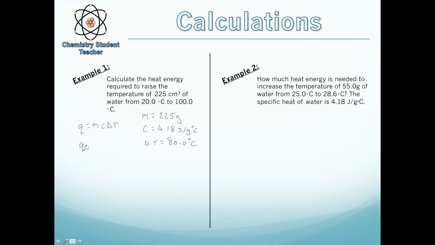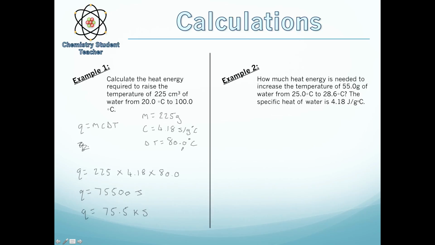So put those values in. So Q equals mass 225 times by C, 4.18, times by delta T, which is 80.0. So therefore, when you put that all into a calculator, that comes out as 75,500 joules, which is the same as 75.5 kilojoules.